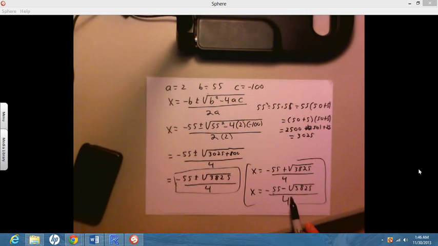And for the second solution, it would be 61, but there's a negative, so it would be negative 61 approximately, minus 55, which would give us about negative 110. And all that divided by 4. Right? Okay.